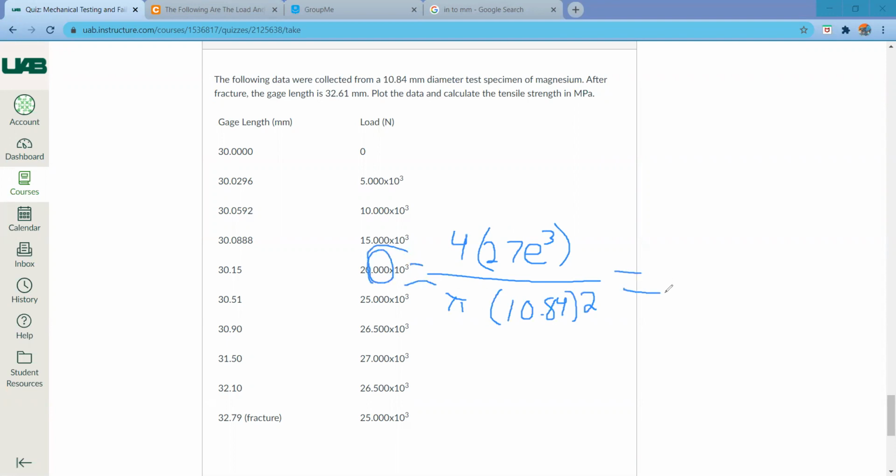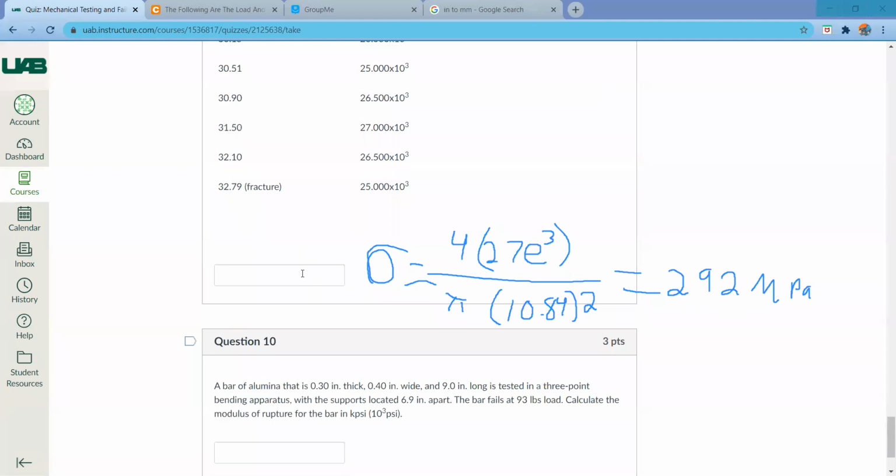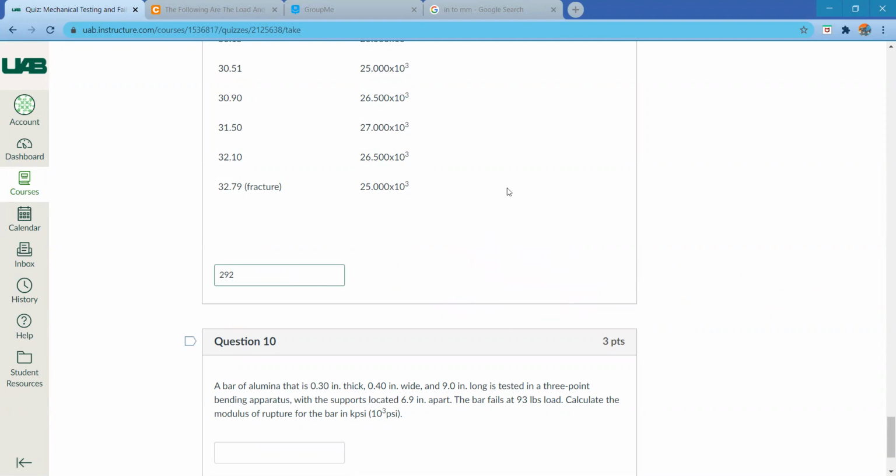And this is going to be equal to 292 megapascals. Once again, I'm hoping I'm doing my significant digits right. If not, then I'll be sad, but it is what it is. I'm not that good at it, I'm afraid.